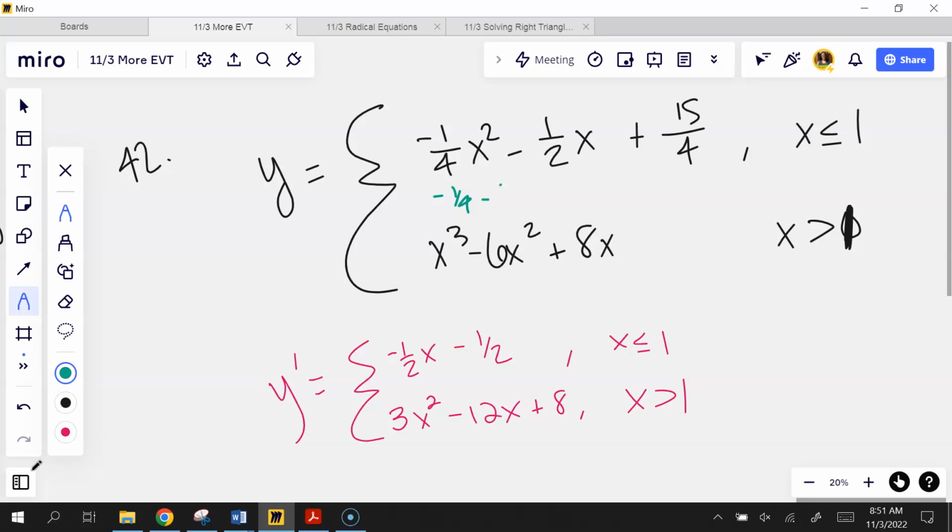Negative 1/4 minus a half plus 15/4, if I plug in 1. Negative 1/4 minus a half is what? Negative 3/4. Negative 3/4 plus 15/4.